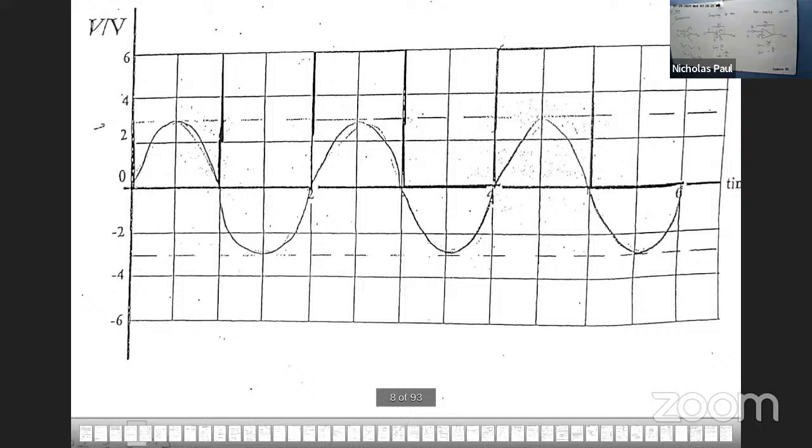Let's just say it looks something like that, right? Remember, it's a comparator. So the comparator is comparing the black and the red. So all you have to do is draw a line here and compare the black and the red. If the black is higher, put it to saturate high.